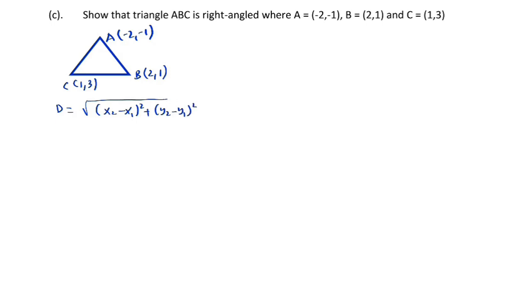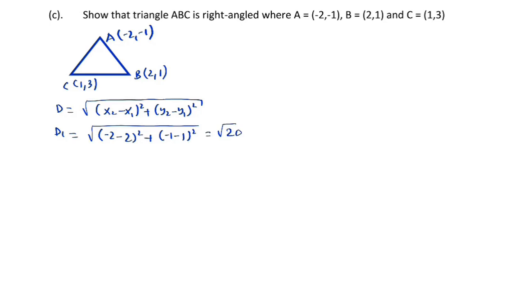Okay, so let us take points A and B, and we are going to call that distance D1. We are going to have D1 equals under root in brackets -2 minus 2 squared plus in brackets -1 minus 1 squared, which equals under root 20.